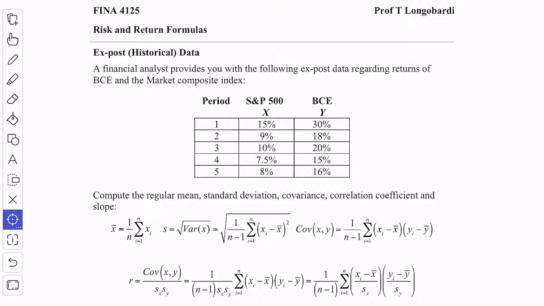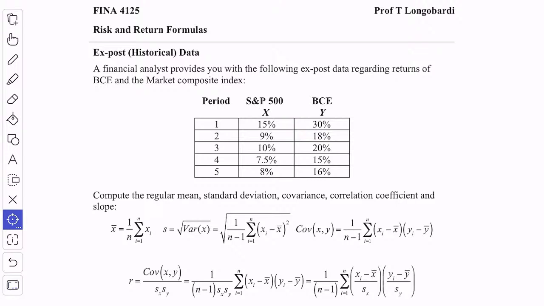So anyone invested in the index, which you can do, will have observed a return in period 1 of 15% for every dollar. So for each dollar invested, that's 15 cents. But people invest more than a dollar.